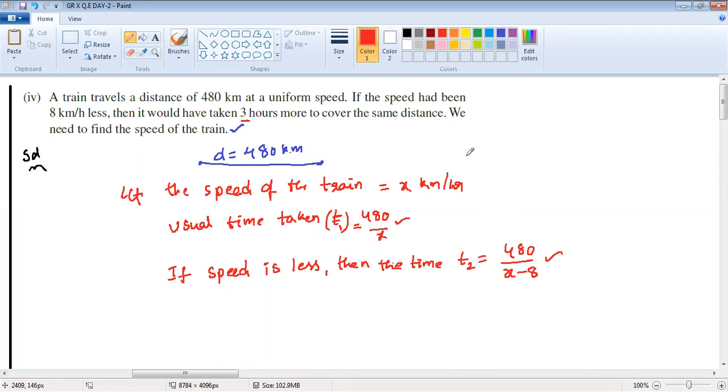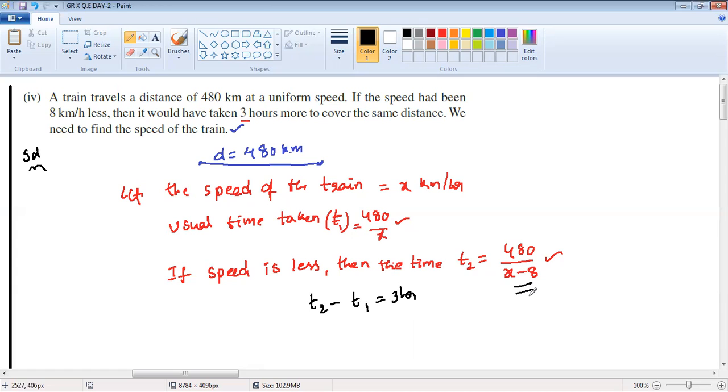Yes, sir. Okay. Now time 1, time 2. Which time is more, T2 or T1? T2 minus T1 will be 3 hours, because the speed is less.